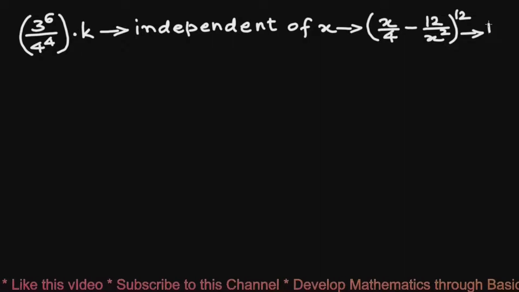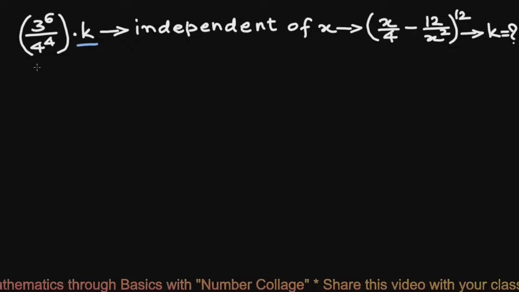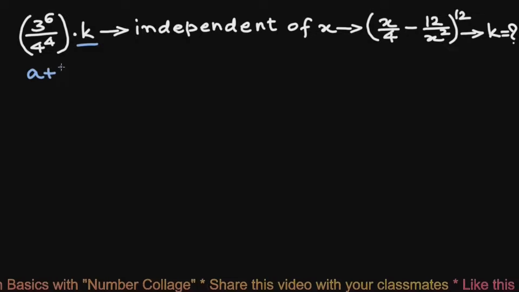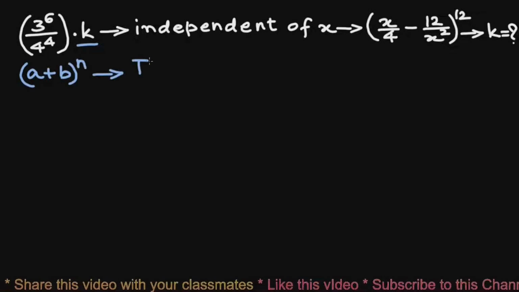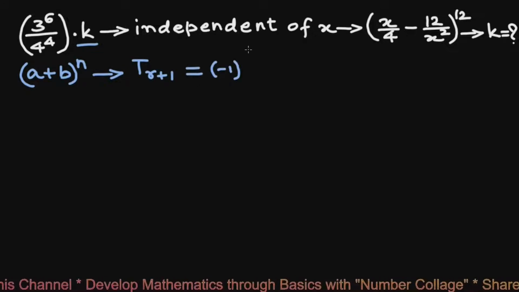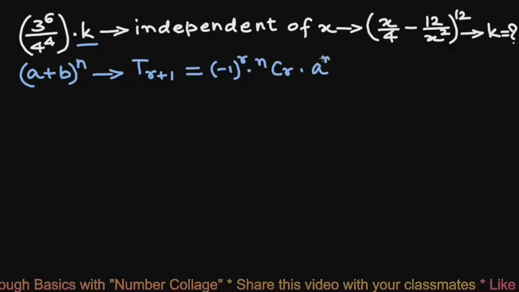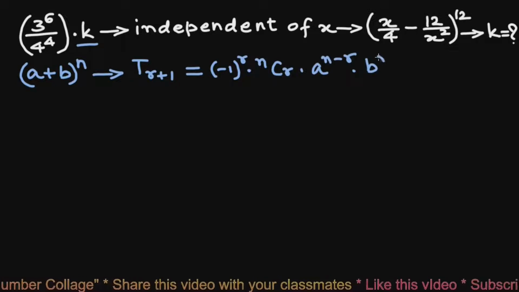And we have to find the value of k, this k. Now we know that in the binomial expansion of (a + b)^n, the (r+1)th term is (-1)^r times nCr times a^(n-r) times b^r.